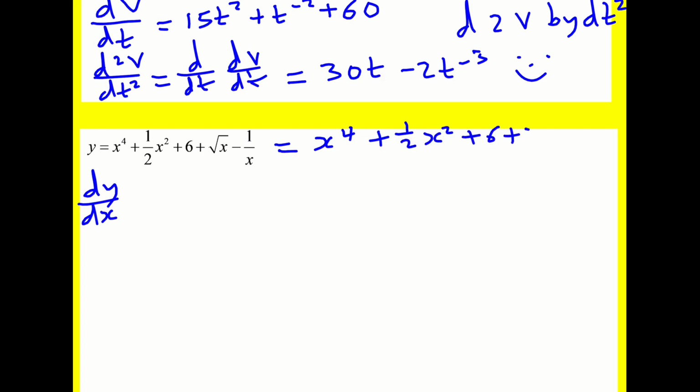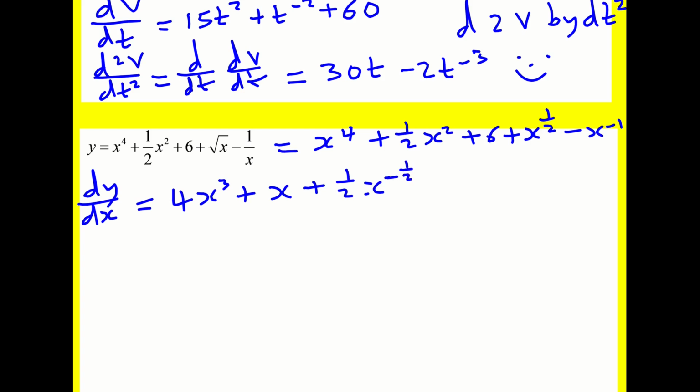So we get x to the half, and we get x to the minus 1. Okay, bring the 4 down, reduce the power. Bring the 2 down, that cancels out, reduce the power. The 6 disappears. Minus 1 from the half.